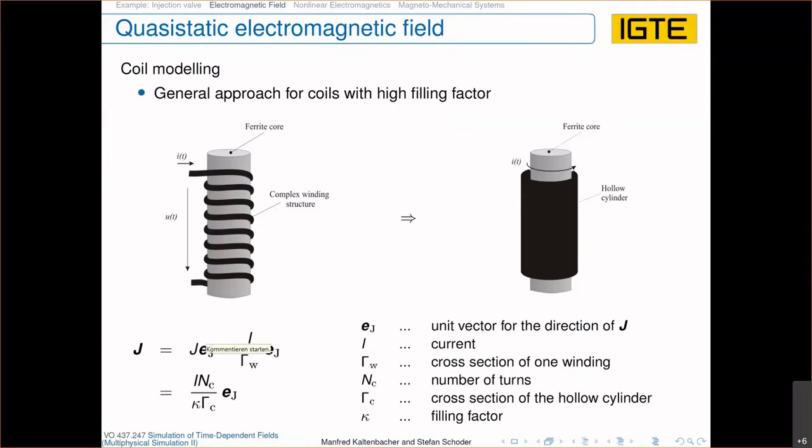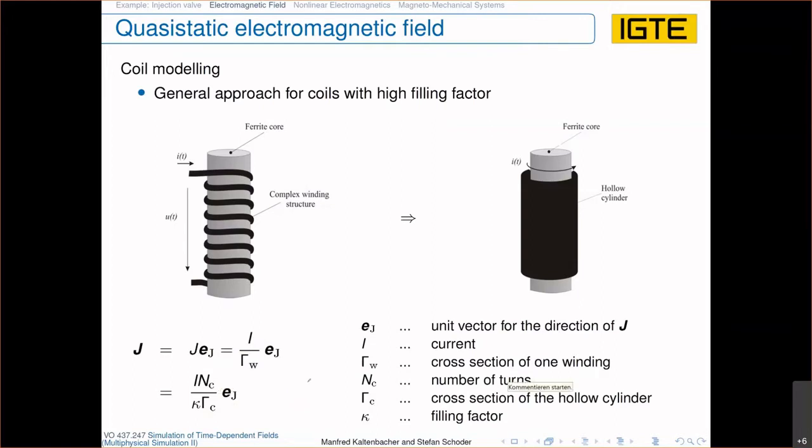And as we know, the current density is the current over the cross section of one winding, and that we can simplify to compute with the cross section of the conductor divided by the number of turns.